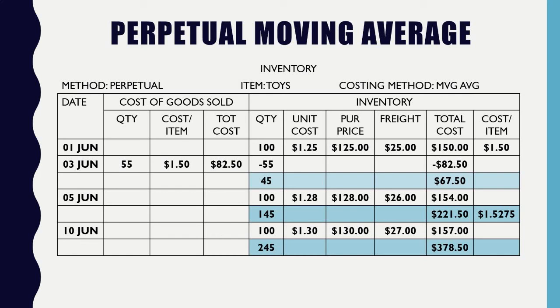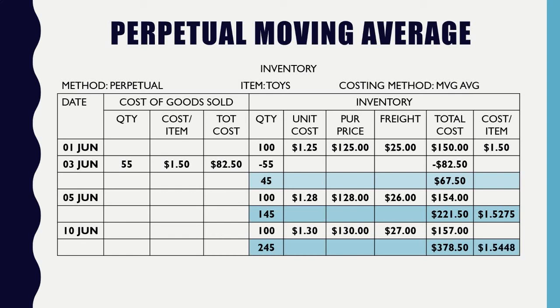Now that I have my grand totals, I need to recalculate my average cost per item, because it's no longer at $1.5275, because now we are introduced to another batch of inventory.